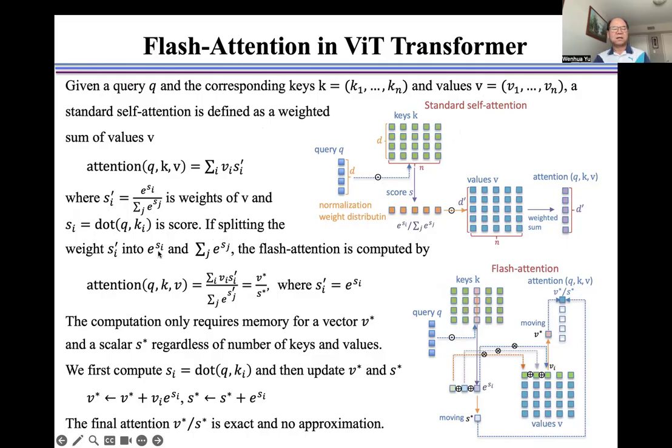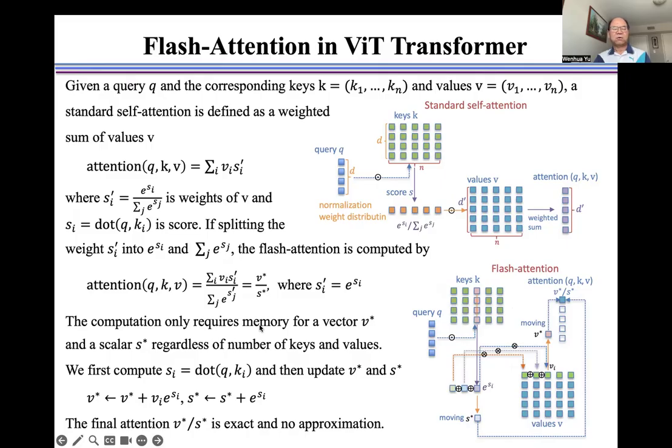If splitting the weight Si prime into two terms, the flash attention is computed by using this formulation explained in this figure. In the flash attention, we only need memory to store this S-asterisk and this V-asterisk.